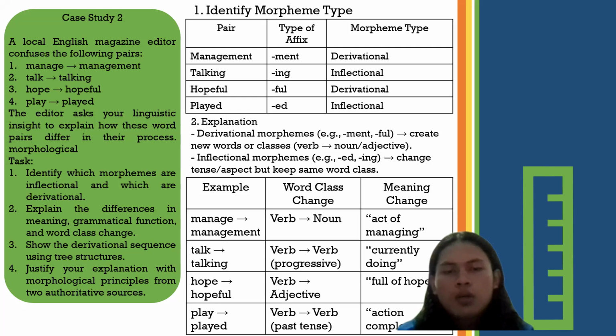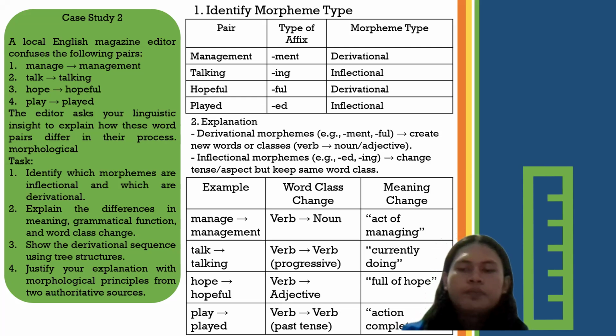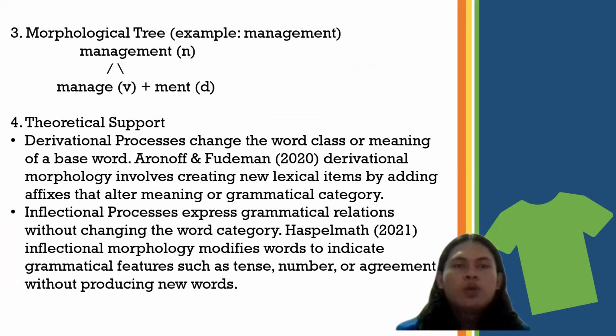The last word is play to play. The word class change is verb to verb, or past tense, and the meaning change is action completed. Third, morphological. For the example, management.